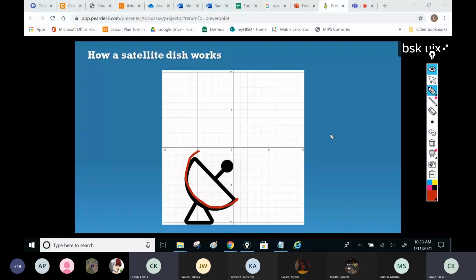Now, the curvature of the dish. I hope I spelled that right. So how curvy is the dish right here? The curvature is very specific, okay?